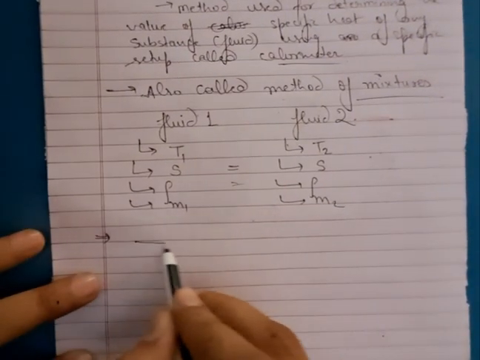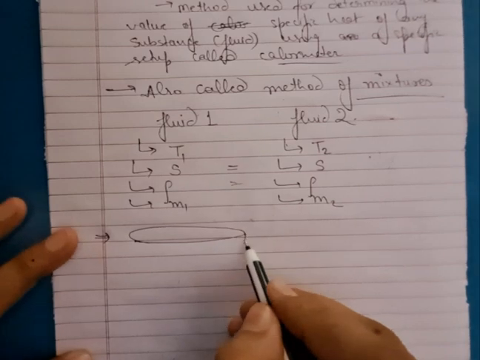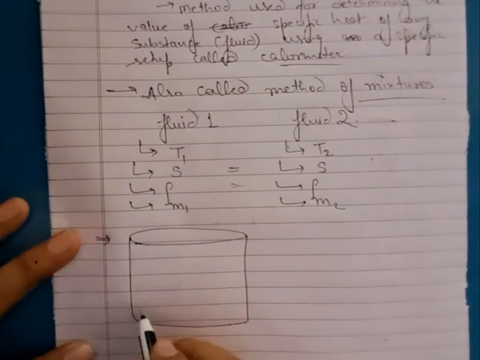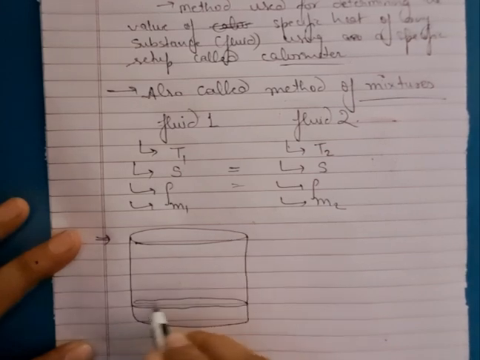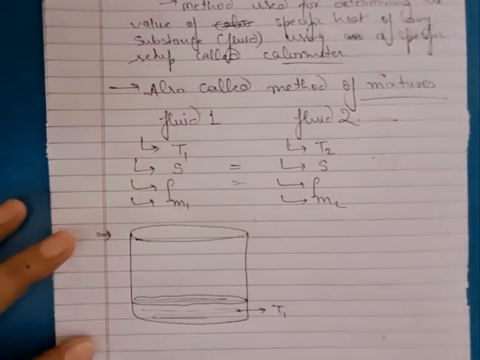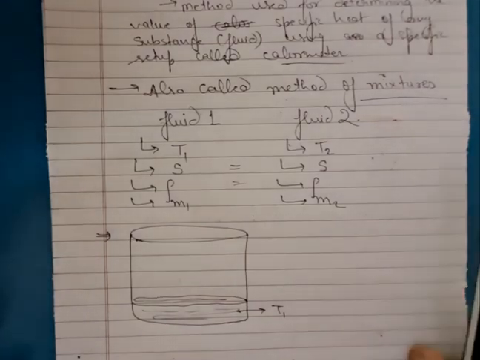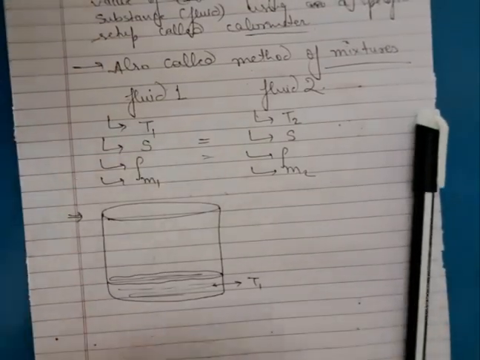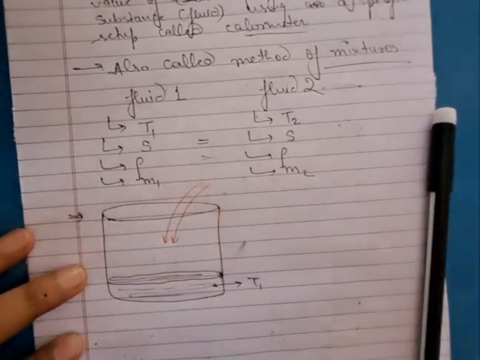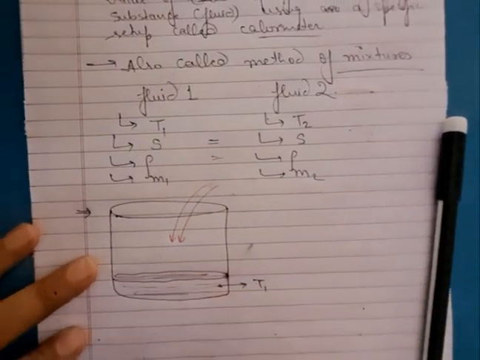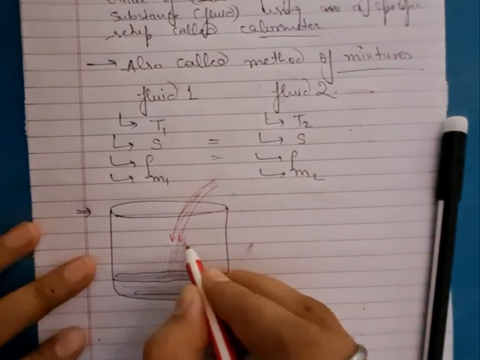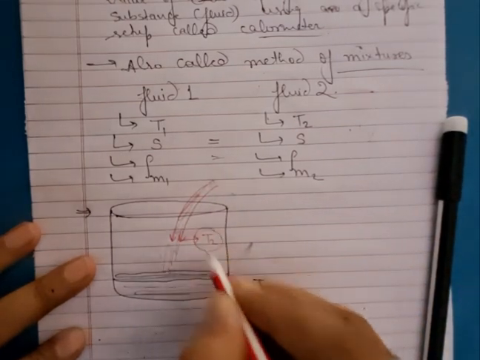Now let us suppose there is a container and there is some liquid inside at temperature T1. Now another liquid is being poured inside the container and this is at temperature T2.